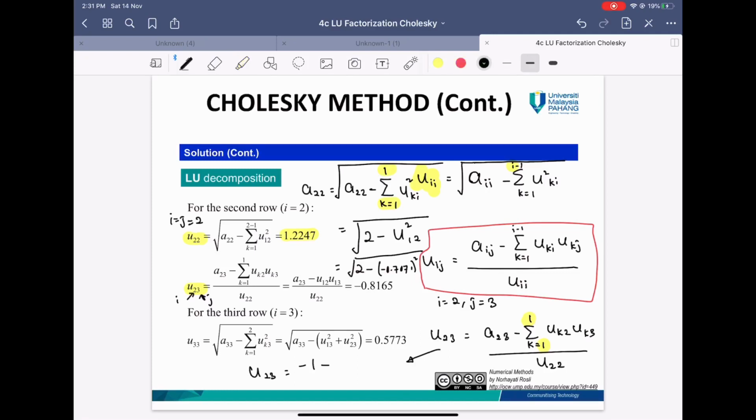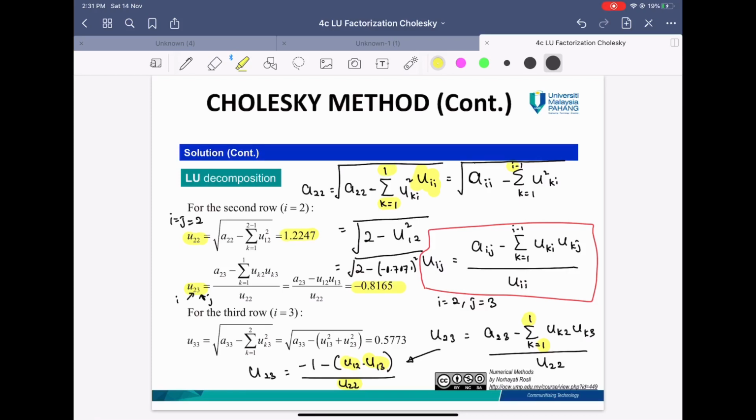So we will have U12 times U13 divided by U22. Just substitute what is our U12, what is our U13 and what is our U22. You will get this value.